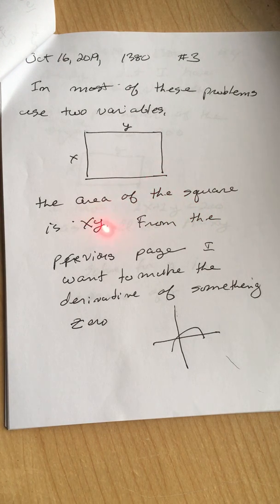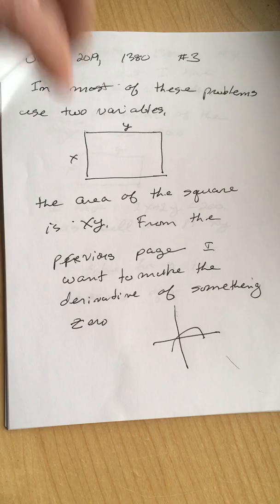So from the previous page, as I said, I want to find the local maximum and hope that it's a global maximum for this problem. There is a subject called calculus of several variables, but this is not that subject. And here I have an x and I have a y, and it's not very clear at all what to do. So why don't we try something?